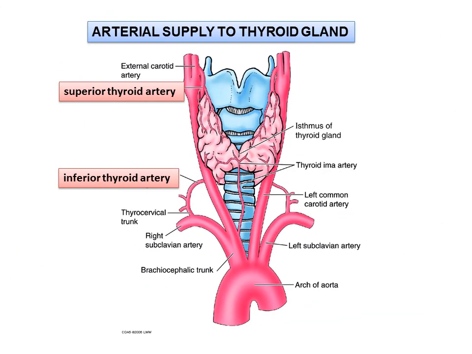Because the thyroid gland is a very, very active endocrine gland, it has to have a rich arterial supply, and we've seen at least one of these arteries already. The arterial supply here is coming from the superior thyroid artery, but we also have a supply from the inferior aspect via the inferior thyroid artery. Please note here that the superior thyroid artery comes from the ECA and the inferior thyroid artery comes from the thyrocervical trunk.